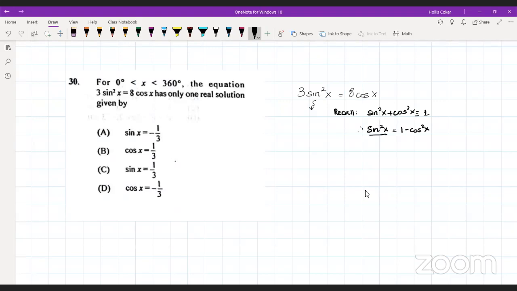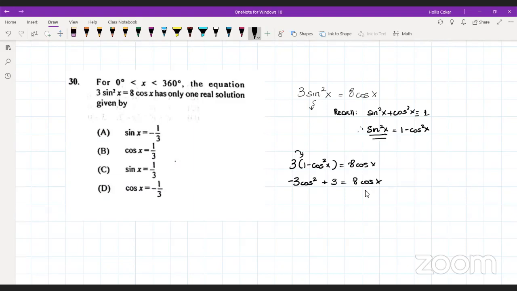You make this substitution, so the equation becomes 3 into 1 minus cos squared x is equal to 8 times cos x. You expand out the left-hand side, so you get minus 3 cos squared x plus 3 is equal to 8 cos x.